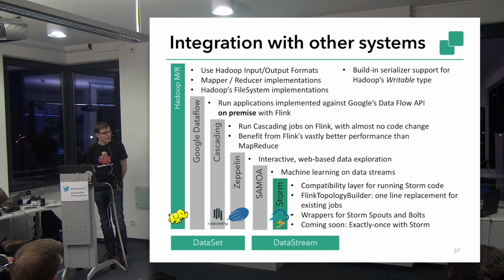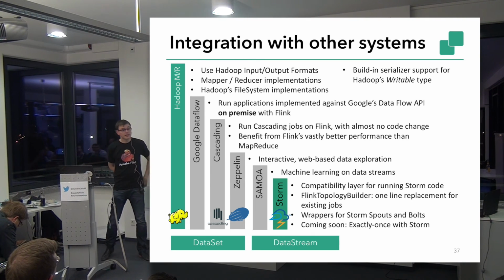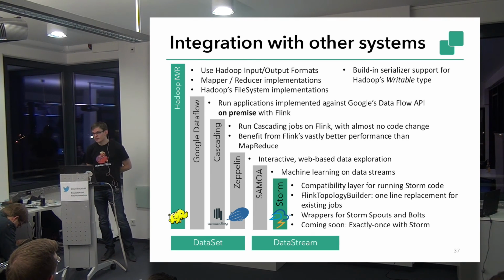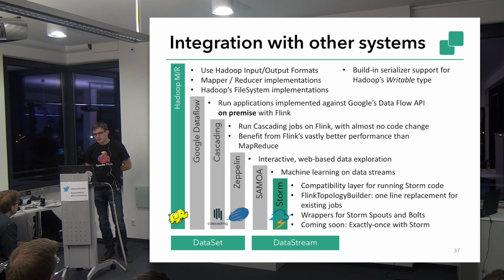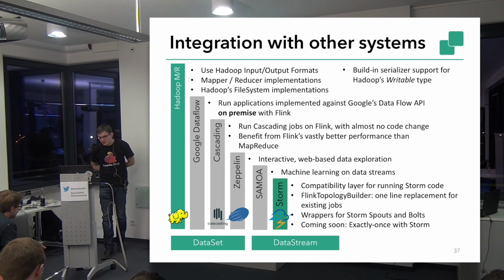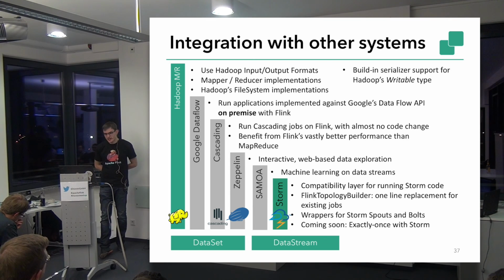And we also have support for Hadoop's writable type. Everything in Hadoop that contains user data implements this writable interface, for example, LongWritable or Text or IntWritable and so on. And Flink's serialization stack has special representation for the writable type of Hadoop.